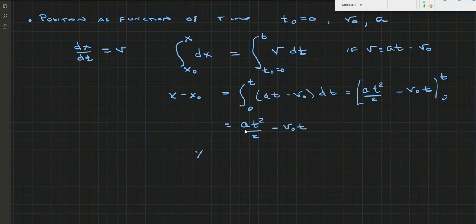So x, isolating x, equals a t squared over 2 plus v0 t plus x0.